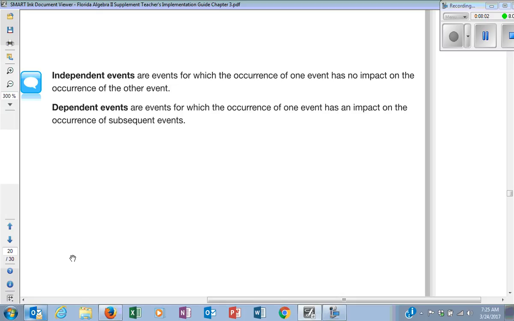When I chose the president, did that affect who could be my vice president? Yes, because once I picked my president, their name was removed from my list, so it impacts who my vice president can be. Because we said once you pick a president, they can no longer be your vice president, so the president affects who is going to be vice president. Does that kind of make sense?